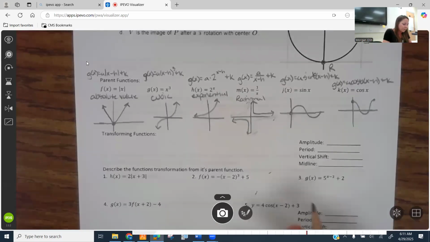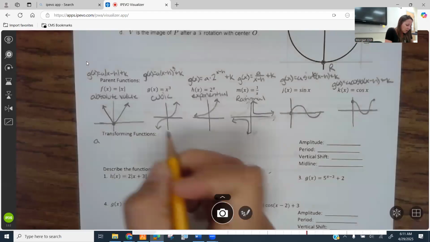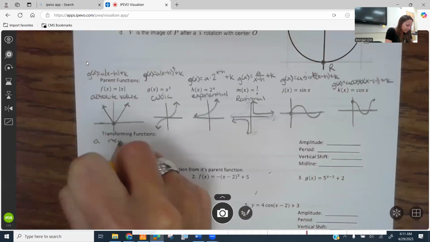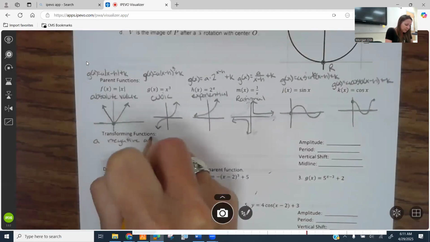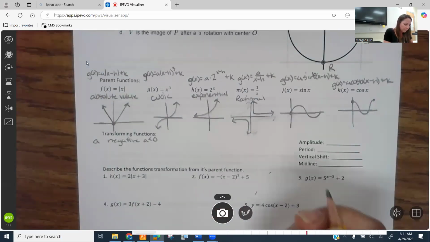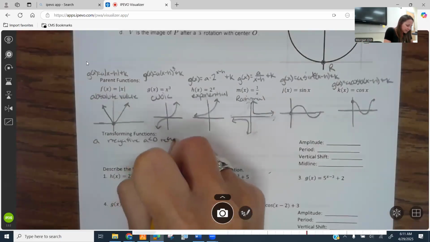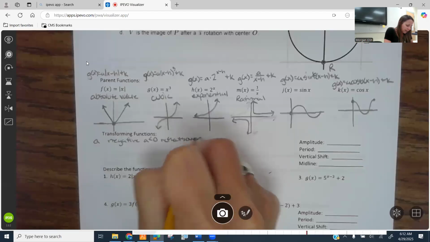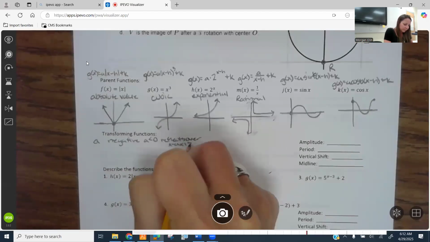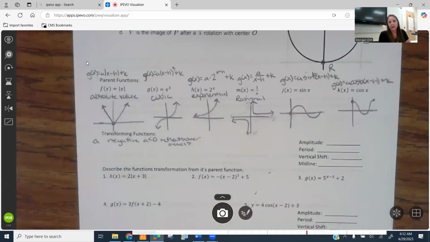But remember this about a: when a is negative, meaning when a is less than 0, it reflects over the x-axis. Now, what else does a do for us?